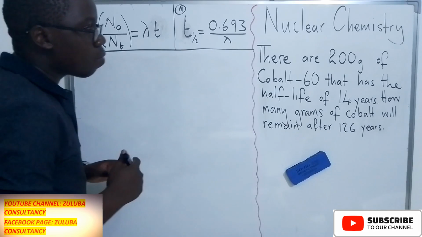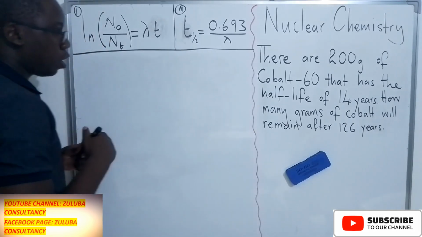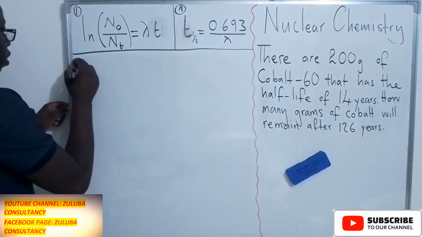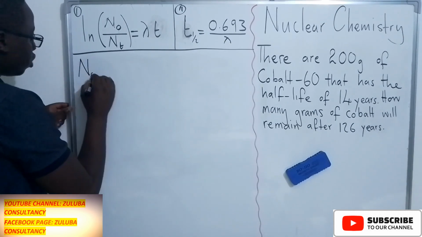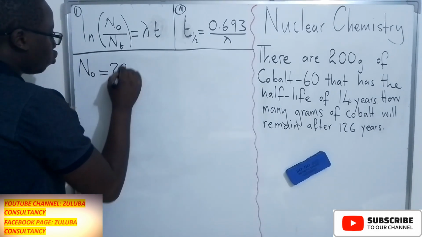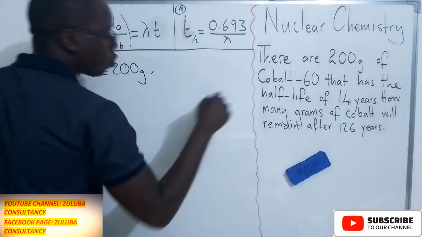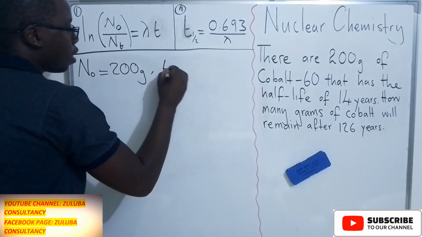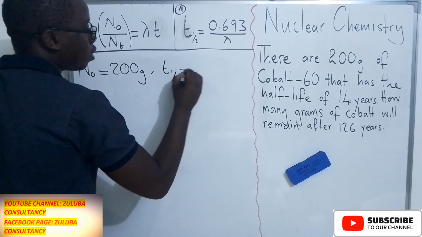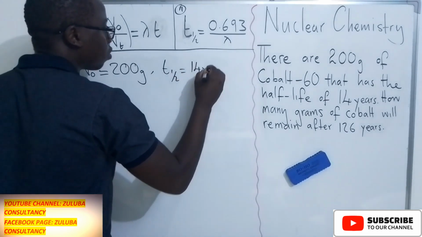Now, let's get some information from the question. The first information we can get is the initial mass, that is 200 grams. We can also see the half-life, that is 14 years.